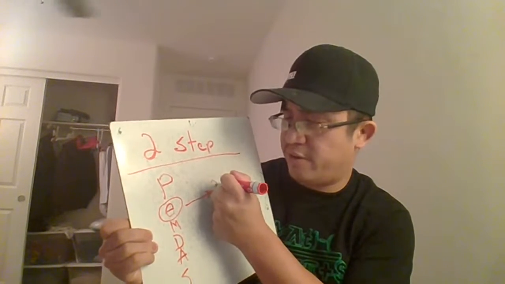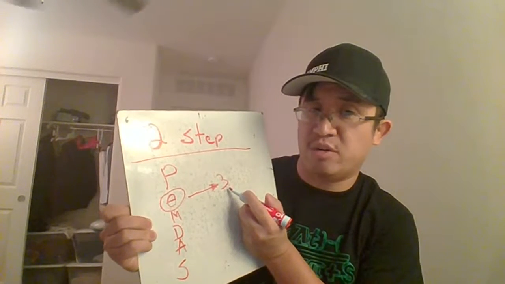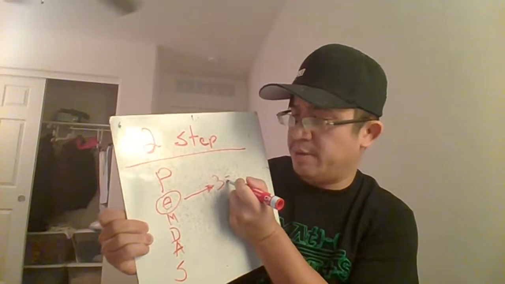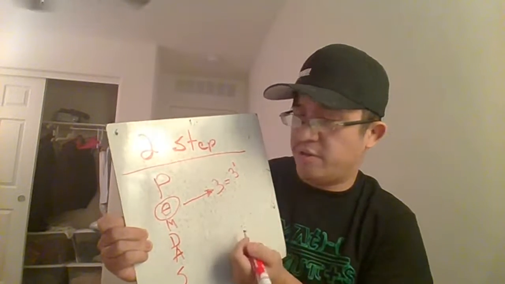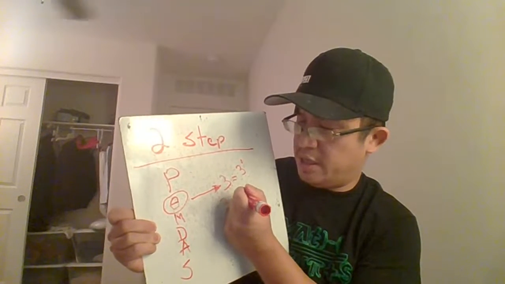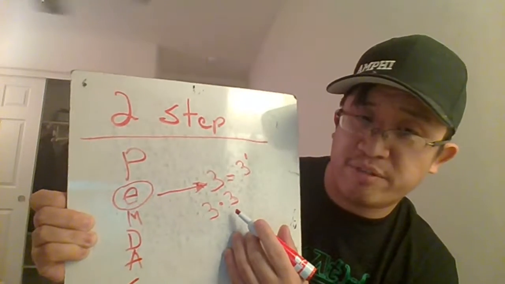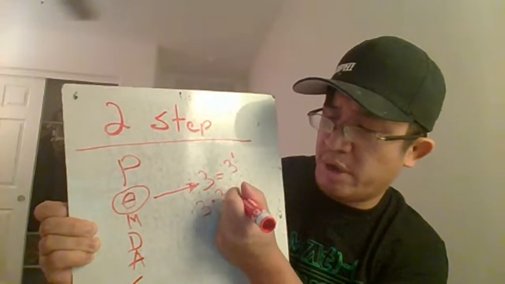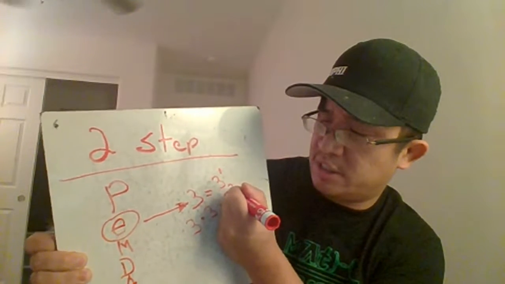If I have 3, how many copies of the number 3 did I write down? The number of copies I wrote down was 3 to the first power. If I wrote down 3 times 3, how many copies of 3 do I have? 2 copies. So I've got 3 to the second power.